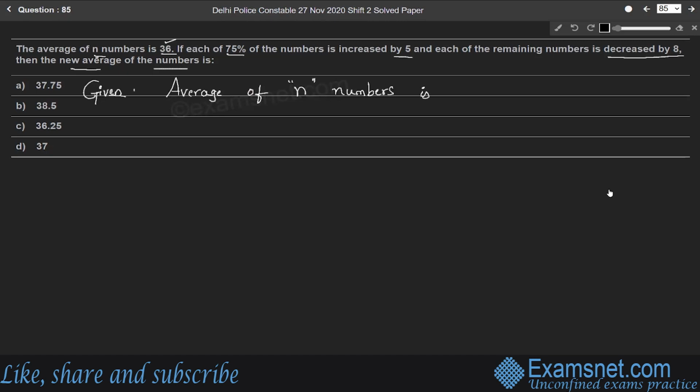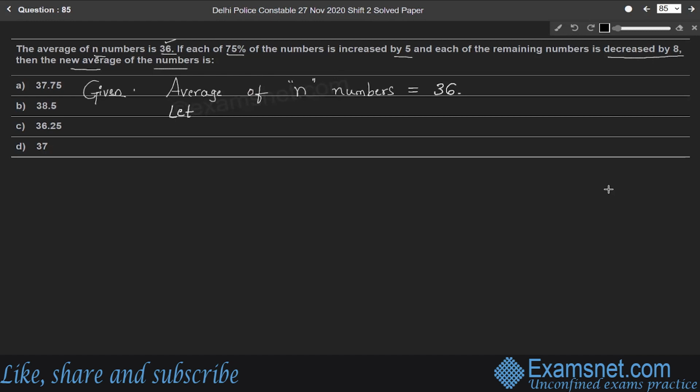Right. So we don't know the value of n here. So let us assume the total numbers is equal to 100.